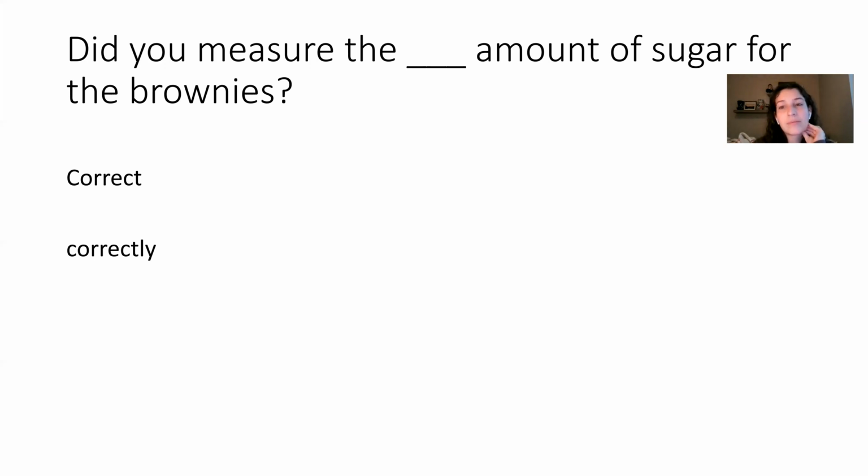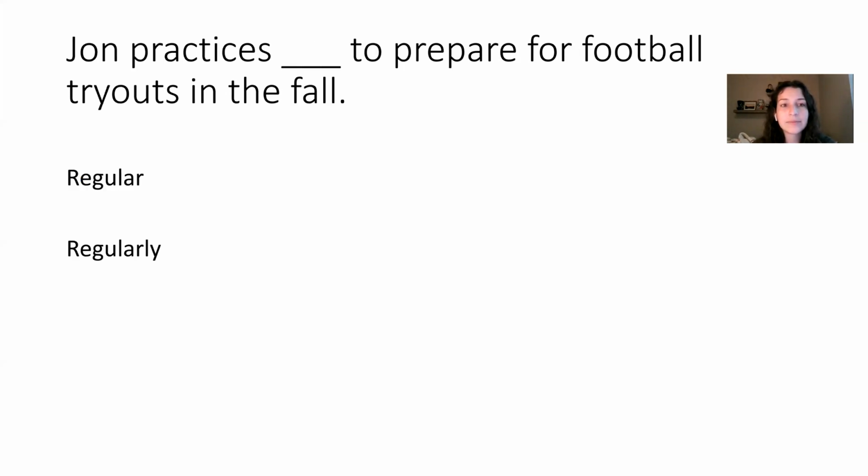To amount of sugar doesn't make sense. So it's not really a verb, right? It's a noun, amount of sugar. So since we are modifying a noun, we want to describe it with an adjective, which will not have the ly at the end. So we want to go with correct. Did you measure the correct amount of sugar for the brownies?